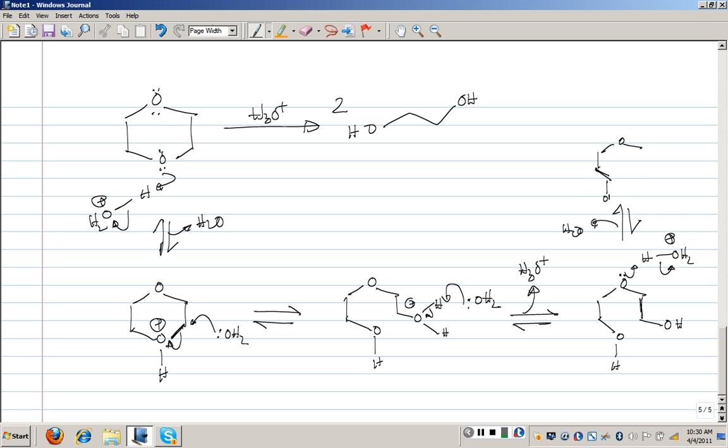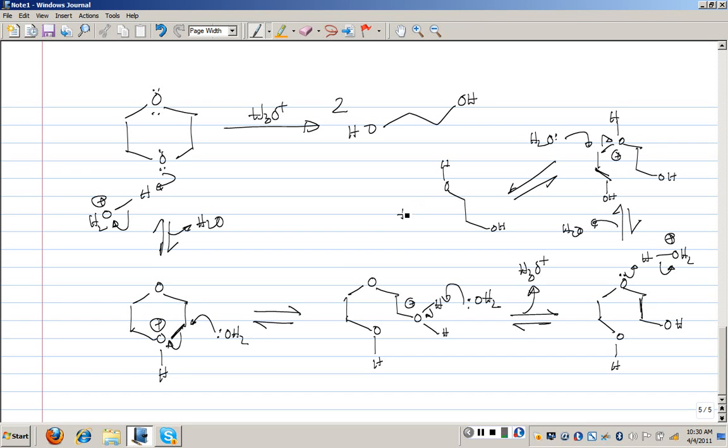All right, OH, OH, H plus. And then a water molecule will attack. I'm going to break this bond for exactly the same reasons. That's an equilibrium because we have water attacking something positive. And that's going to give rise to an ethylene glycol. So I'm going to have OH, bang, bang, bang, that's this piece.